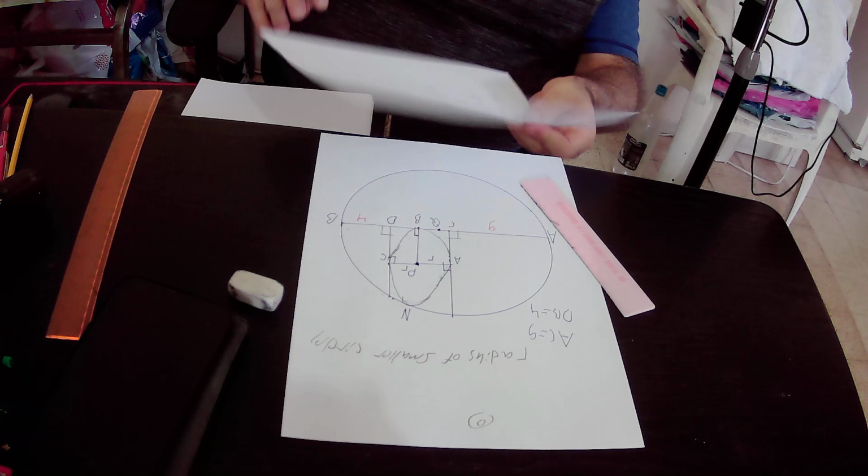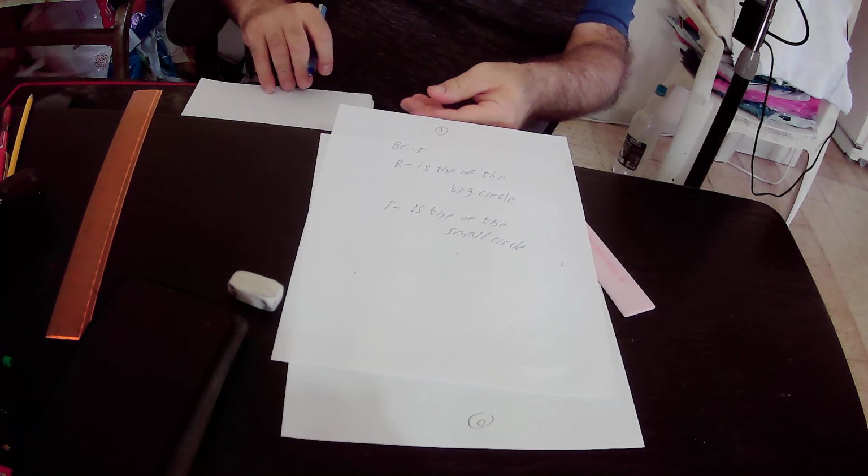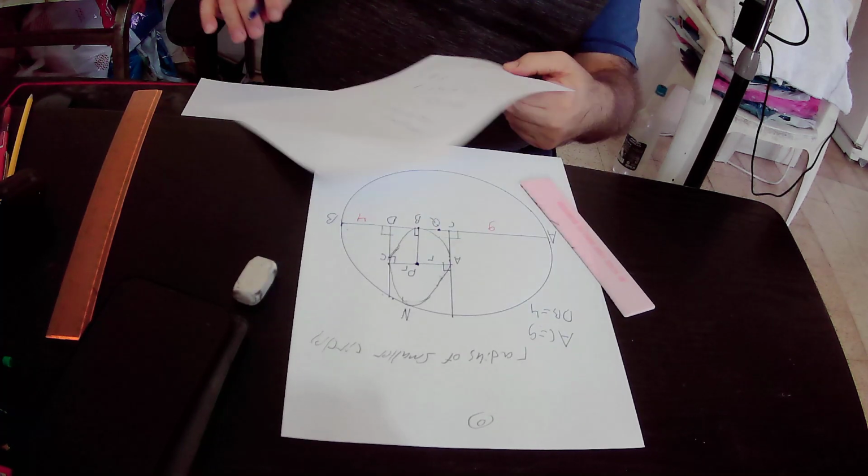Okay, small r is the radius of the small circle.